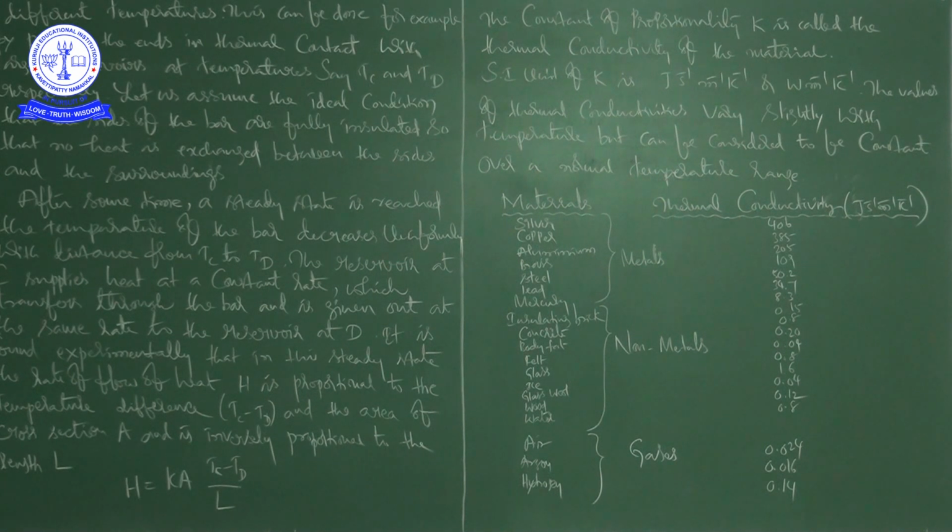Temperature difference is a must: Q equals m s delta T. When there is no temperature difference, there is no flow of heat energy.